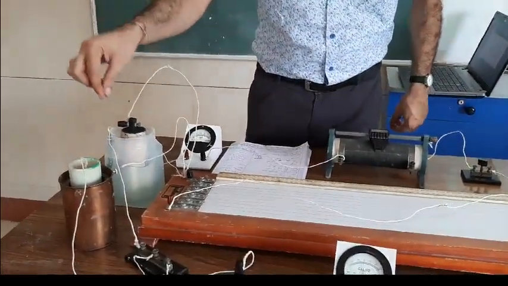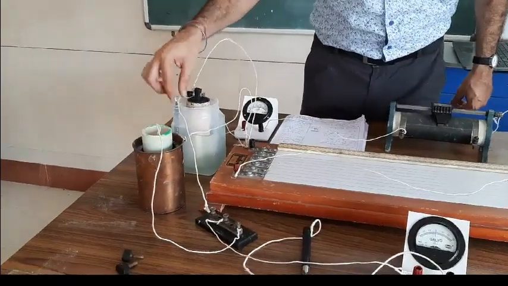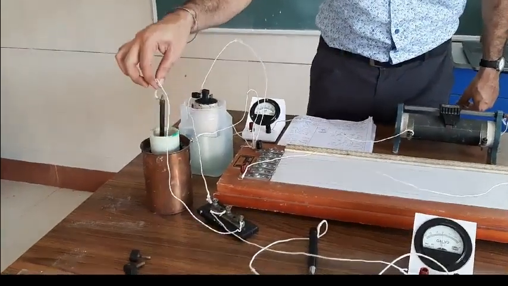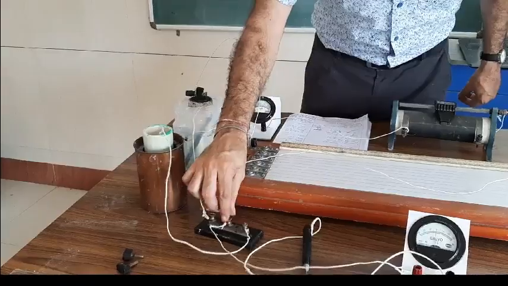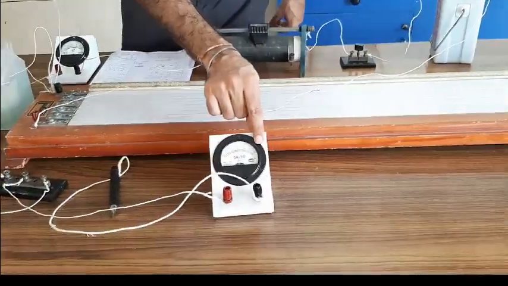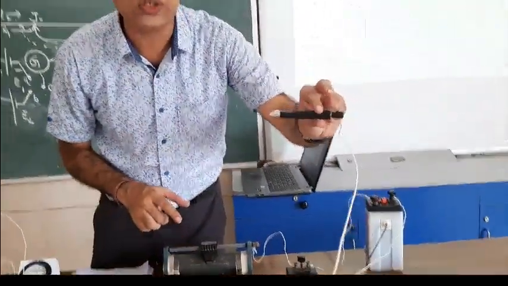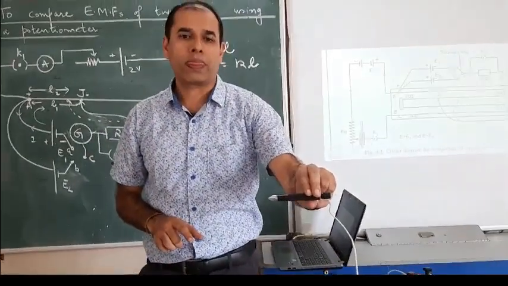Next, the negatives of both the cells, the zinc rod here and the zinc rod here, are going to this two-way key, and from the two-way key we have this galvanometer. The other terminal of the galvanometer is connected to this jockey.